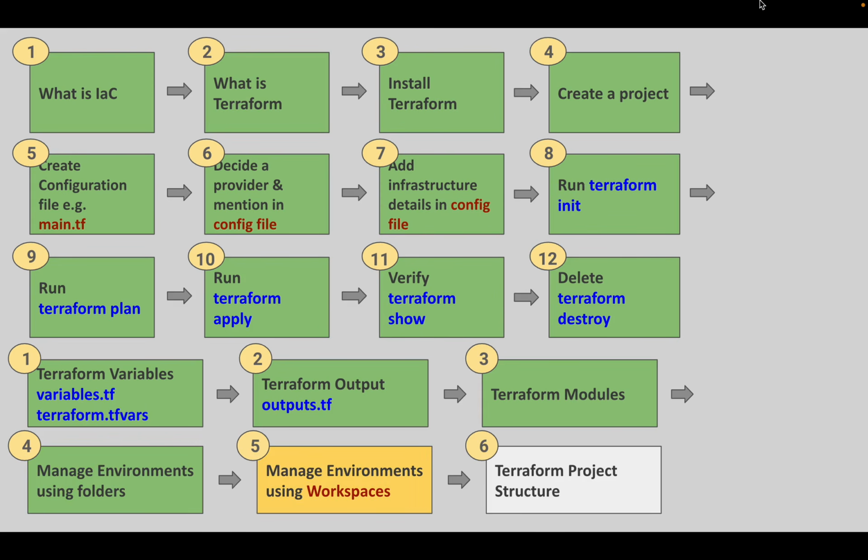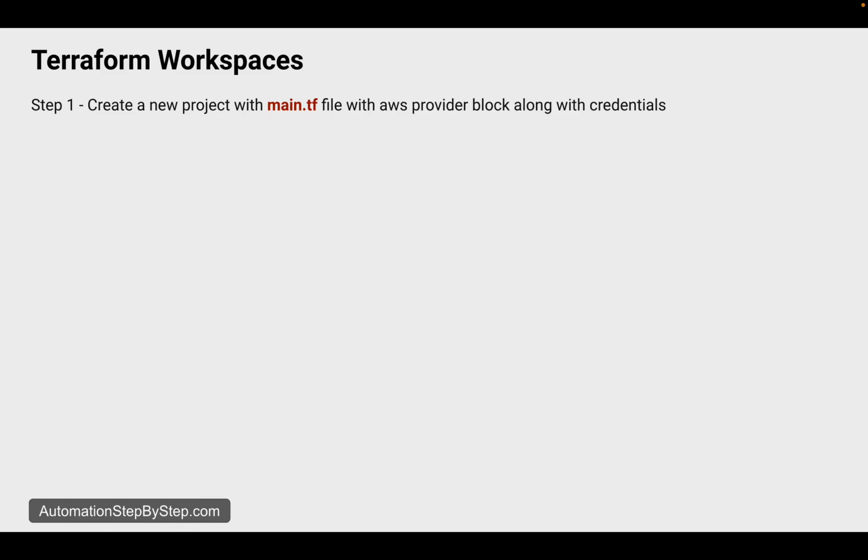The other way of managing environments is using workspaces, and this is going to be very interesting. In Terraform we can create workspaces. So let us create a new project, and I will create a main.tf file with the provider block.